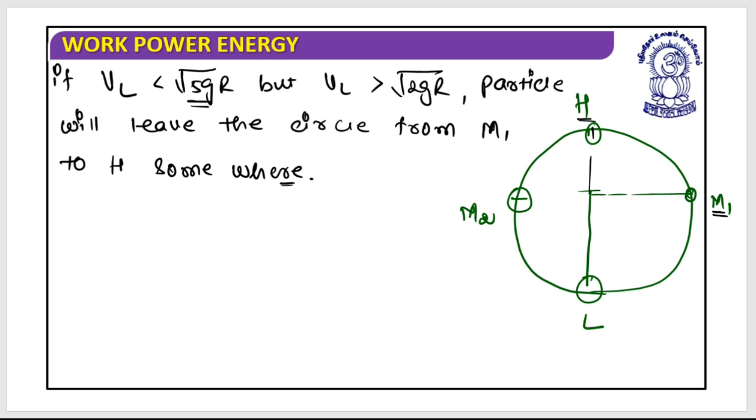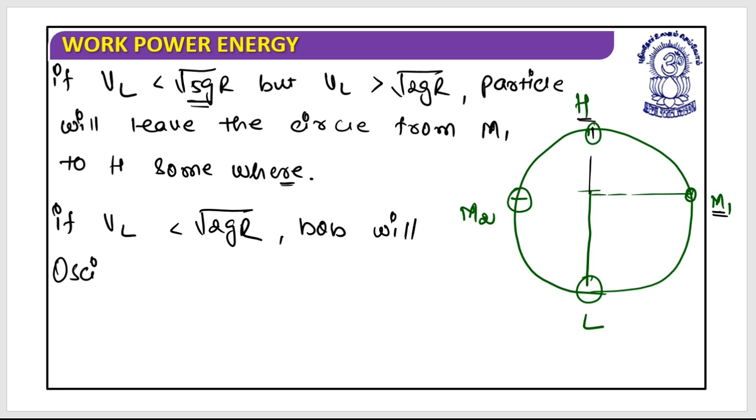Now one more case, if velocity at the lowest position is less than root of 2gr, then the Bob will oscillate from M1 to M2. Yes, something like this, from here somewhere. I hope this is clear.